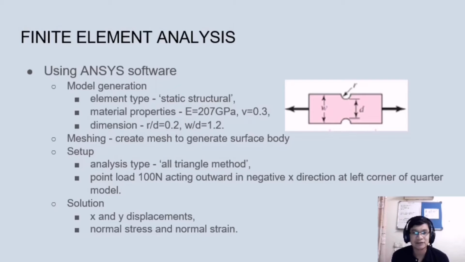In setup, for analysis type, we use the all triangle method. And a point load of 100 Newton acting upward in the negative x direction at the left corner of the quarter model. Since it's symmetry, we divide it by 4, then we apply 100 load. In this solution, we will be able to find x and y displacement, and also we will find the normal stress and normal strain value.